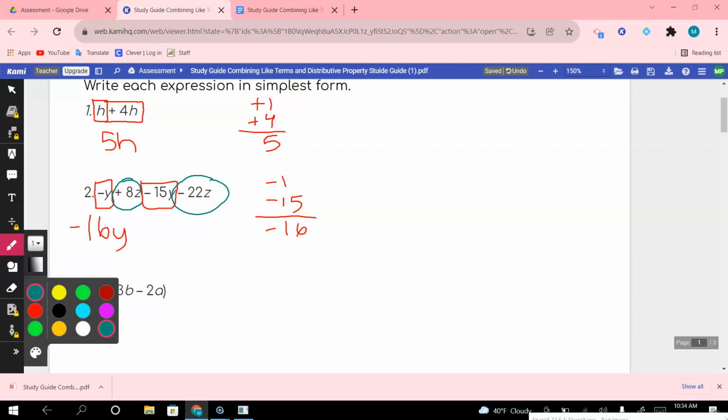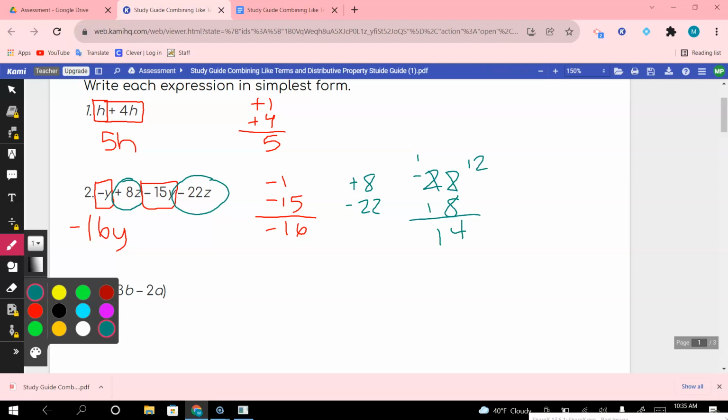Okay. And then for my z's, I'm going to put them together. My coefficients are positive 8 and negative 22. They're different signs, so I need to subtract 22 minus 8. So I'm going to put negative 22 on top, and then the 8. I can't do this, so I'm going to borrow, make that a 1, make that a 12. 12 minus 8 is 4, and 1.